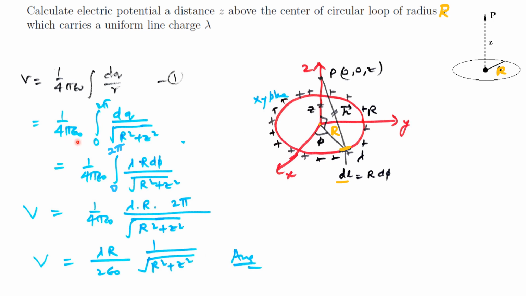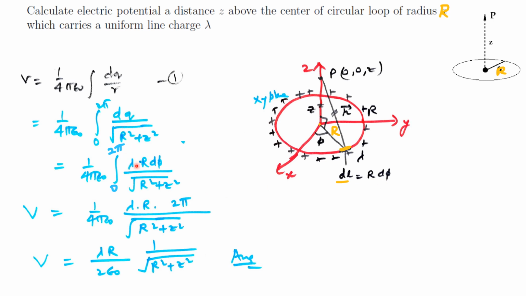Here r is the square root of z square plus R square, from the right angle triangle in three dimensions. Because phi changes from 0 to 2 pi, we take the limit 0 to 2 pi for phi.